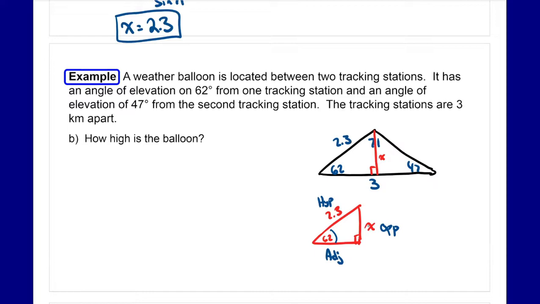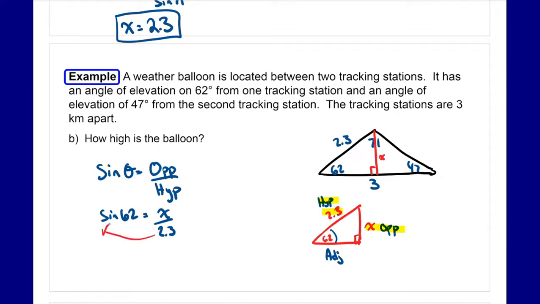Because we're dealing with the opposite and the hypotenuse, that means that we should be using the sine ratio. So sine theta equals opposite over hypotenuse. Sine 62 is equal to x over 2.3. And we said that when we have the missing piece on the top, we bring the 2.3 up and we multiply.